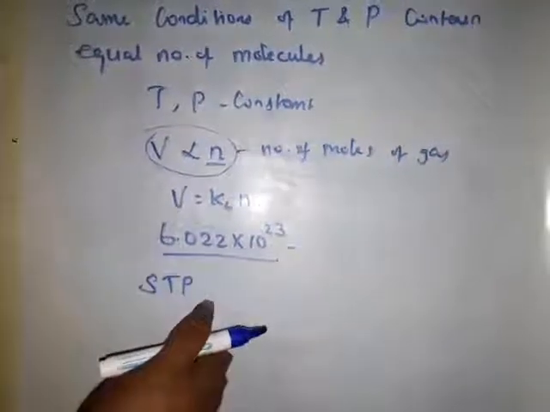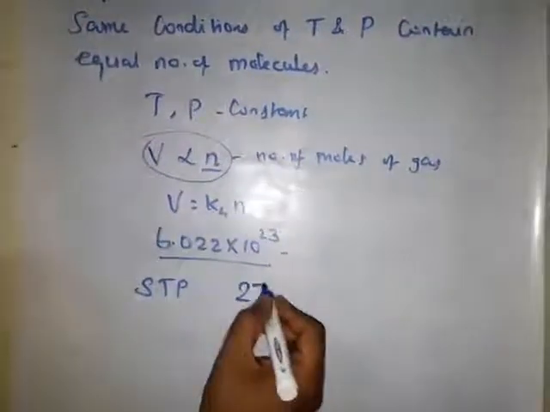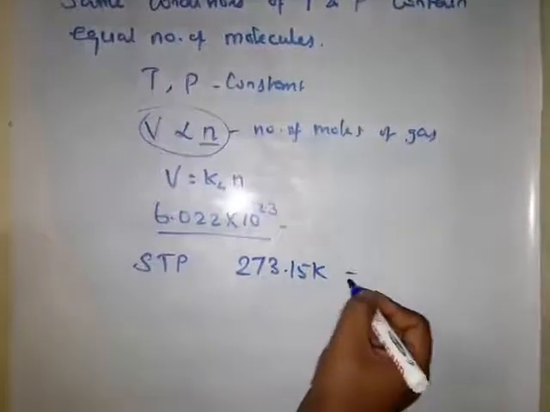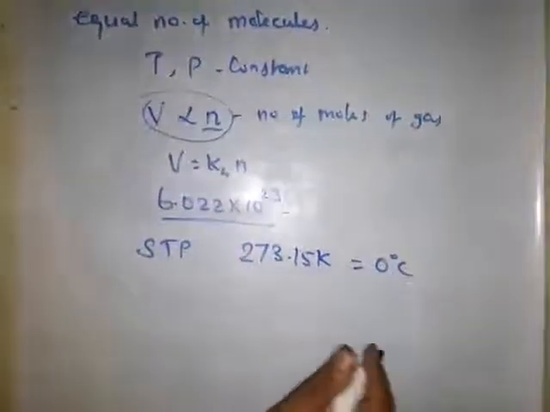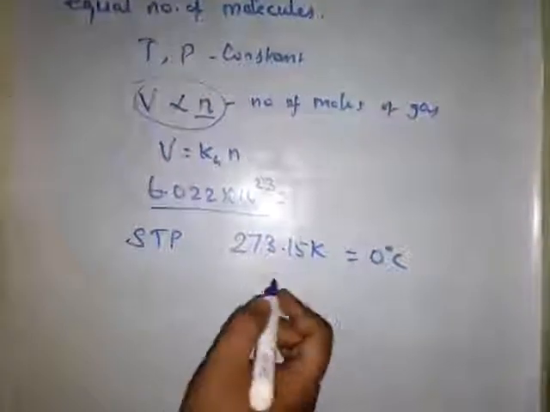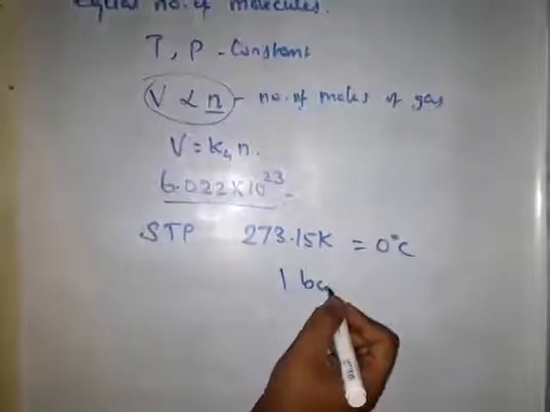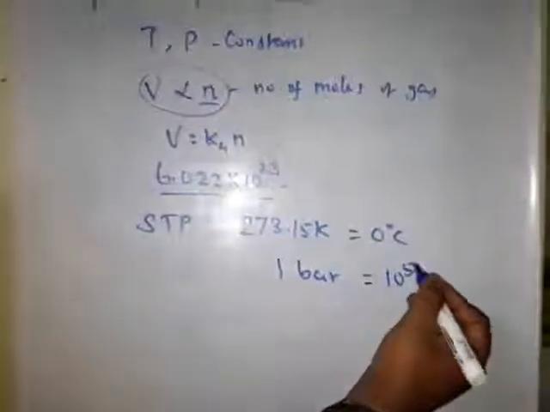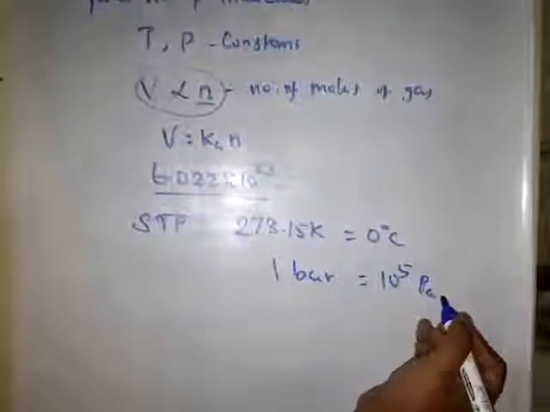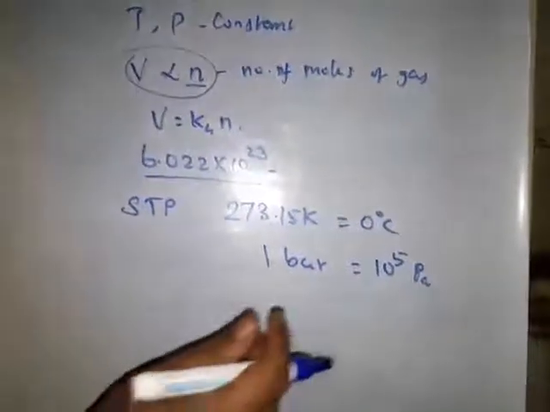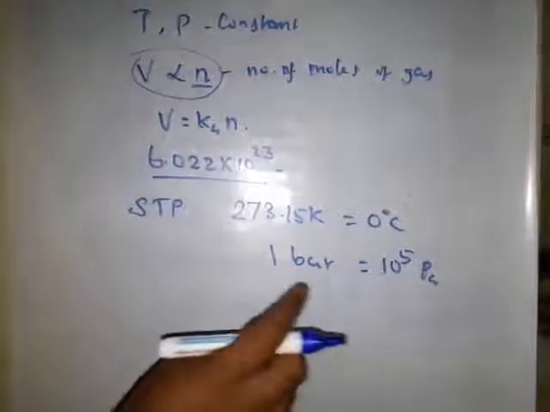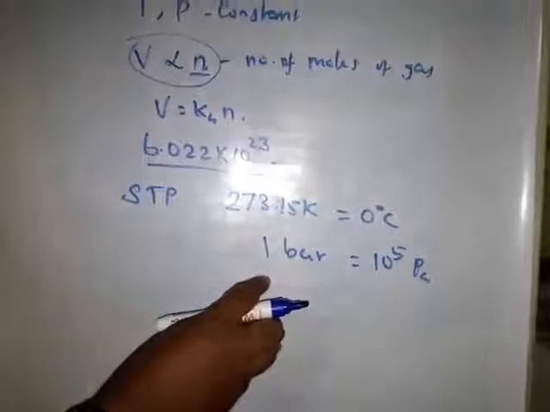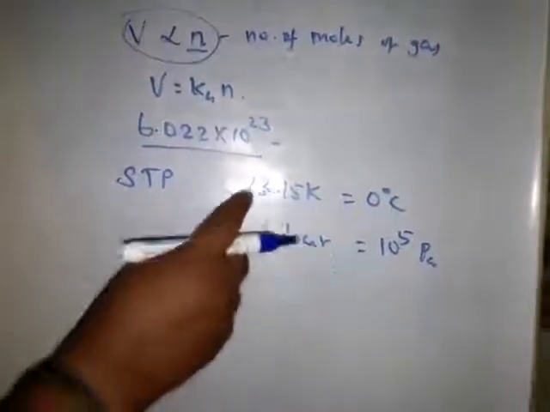Standard temperature and pressure means 273.15 Kelvin, which is exactly 0 degrees Celsius, and the pressure is 1 bar, which is exactly 10 to the power 5 Pascal. These values approximate the freezing temperature of water and the atmospheric pressure at sea level.